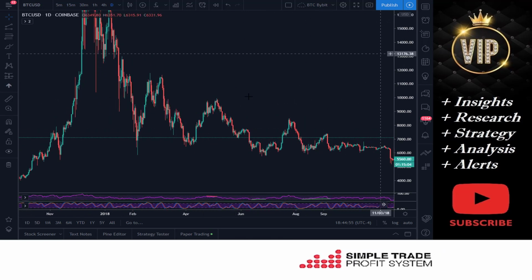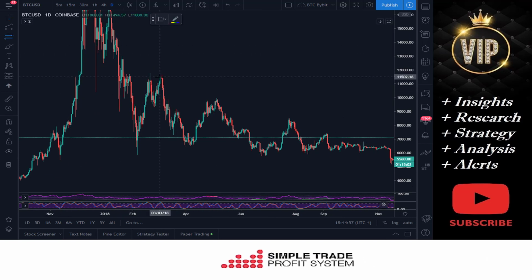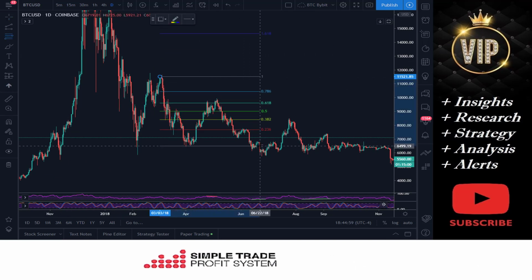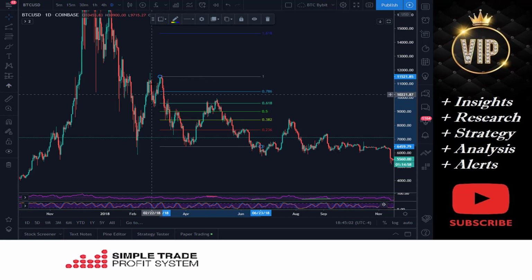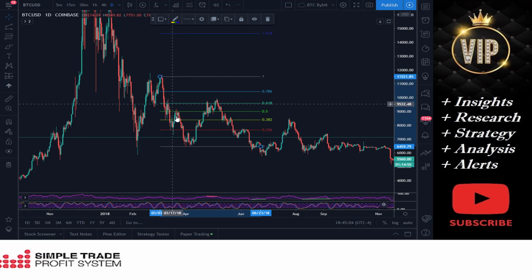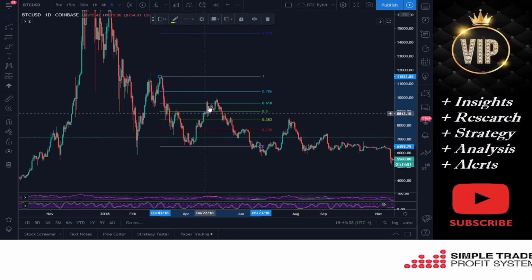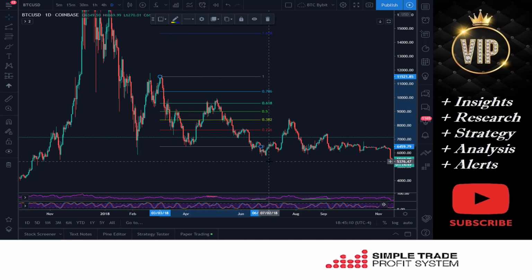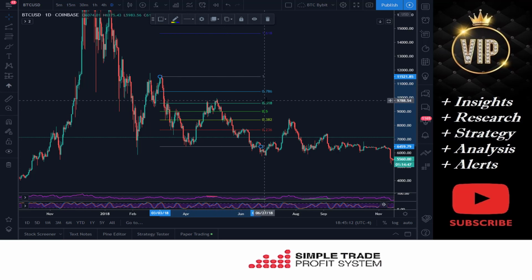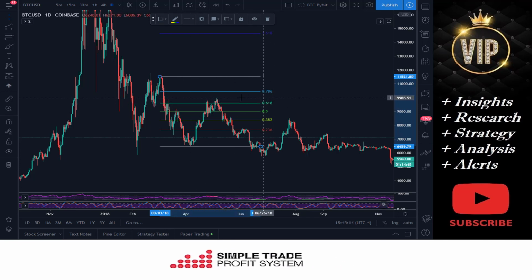Let's look at this high to this low. So price came up from its high, came back down to its low, and it starts to move up. We're like, how far is it going to move before it potentially reverses back down? And we see that price came up to the 618, just barely above it.